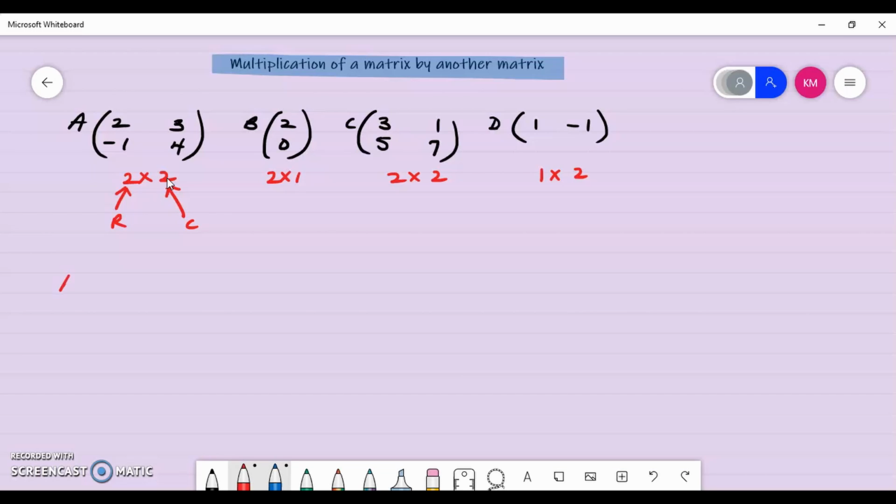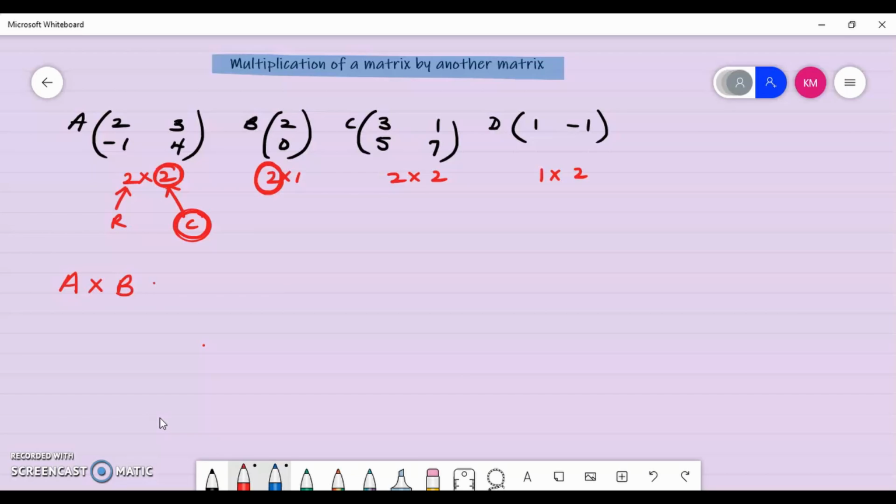Now, let's see if we can multiply matrix A by matrix B. In order to do that, I need to examine the number of columns of matrix A as well as the number of rows of matrix B. And I am seeing that those two are actually equal.